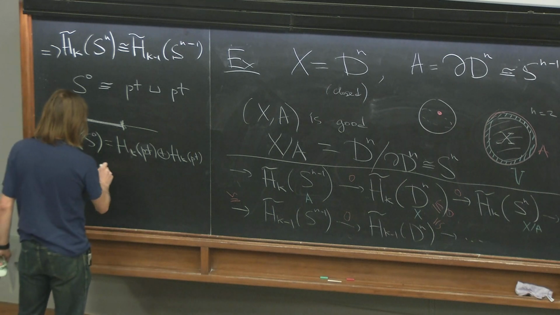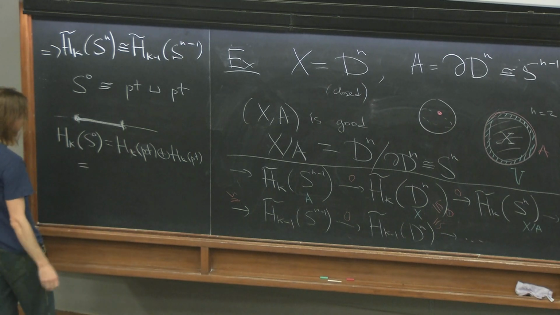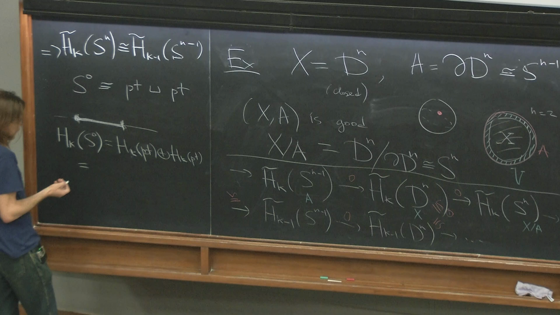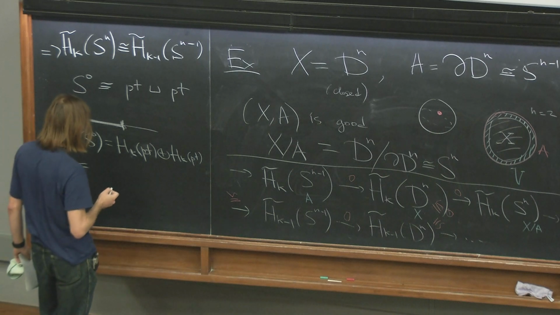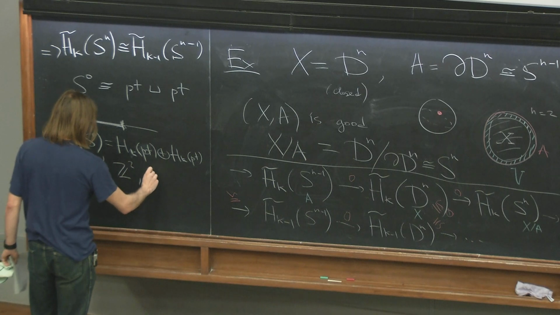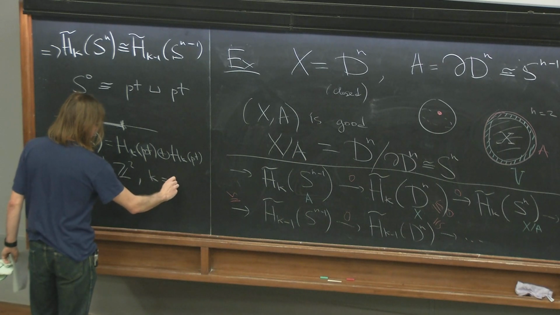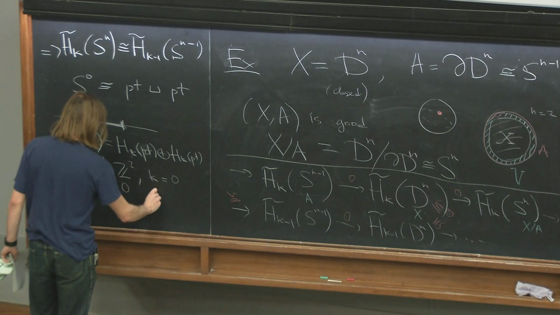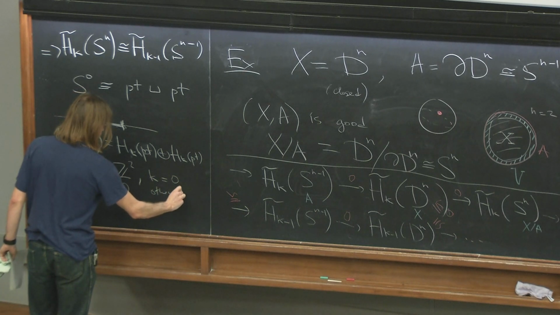Each of them is just Z when k equals 0 and 0 otherwise. So this is Z squared when k equals 0 and 0 otherwise.